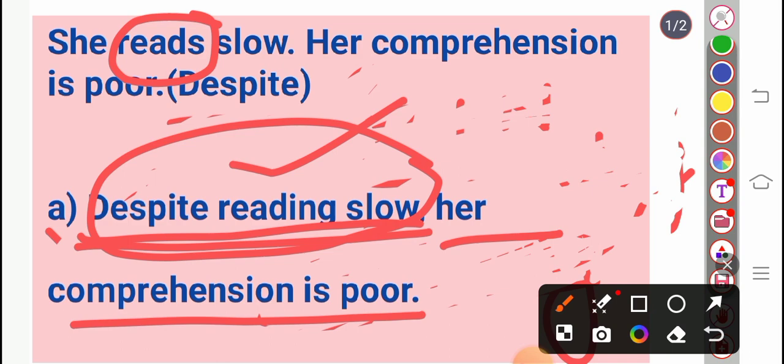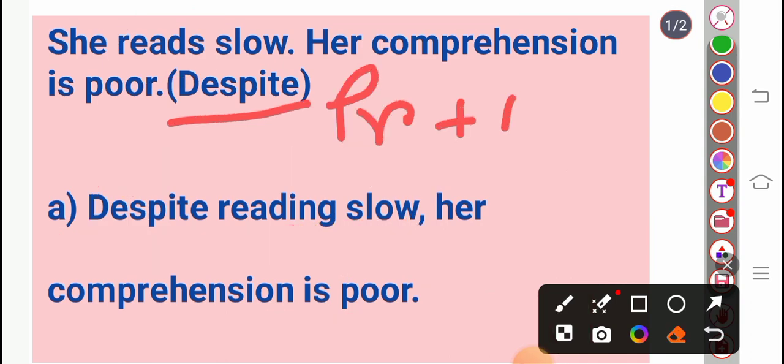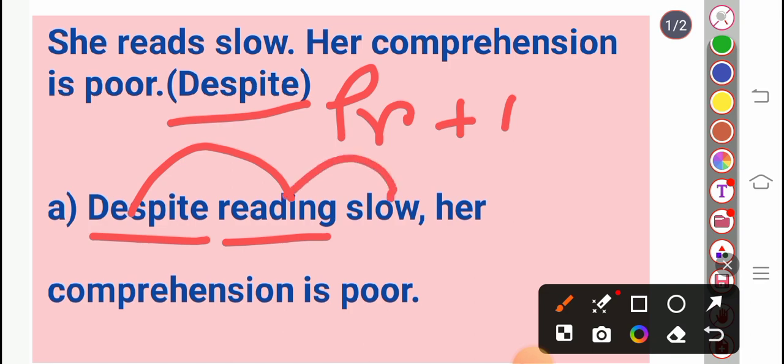This entire part may act as an adjective or adverb. This is not a clause. This is the first thing. You can see this is the preposition, and this is the object of this preposition, and this is one adverb modifying the verb reading.